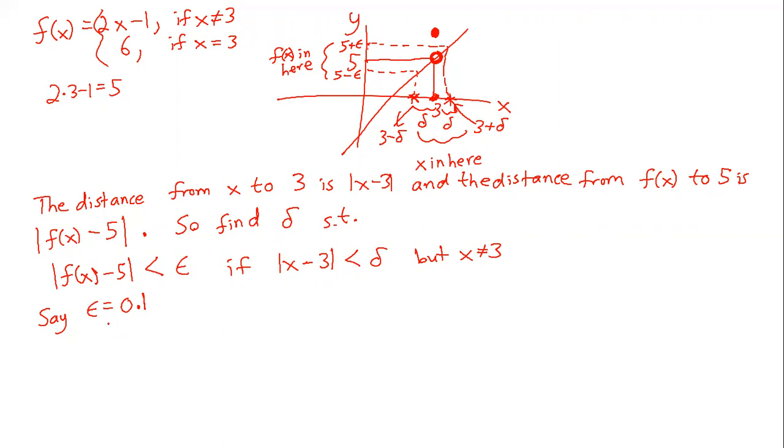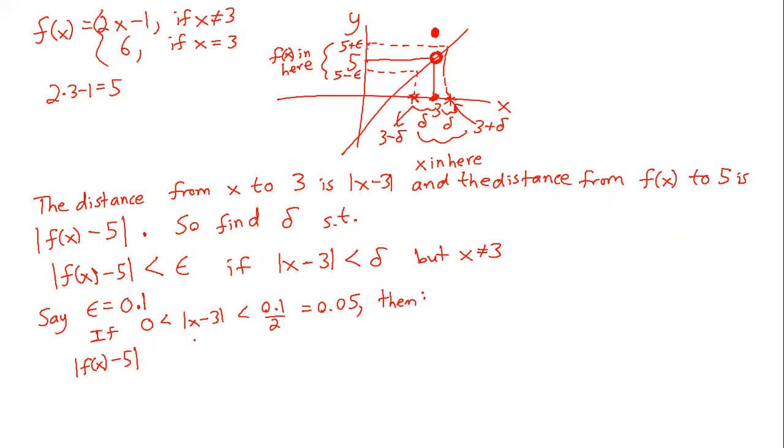So let's take an educated guess here. We could say, hey, look, if 0 is less than |x - 3| is less than 0.1 divided by 2, which equals 0.05, then what I get is |f(x) - 5|. I'm going to plug in the function f(x). It's this everywhere except where x is 3, and those are the points I care about right now.